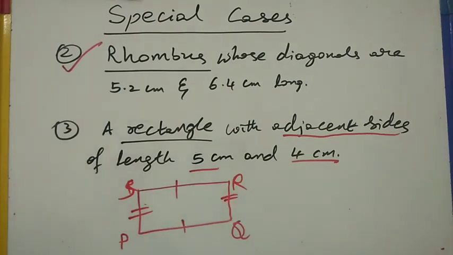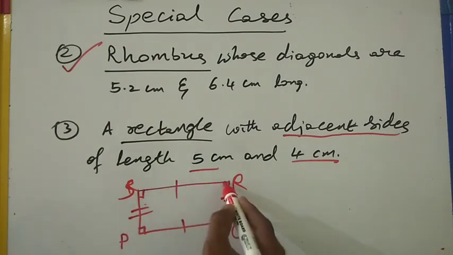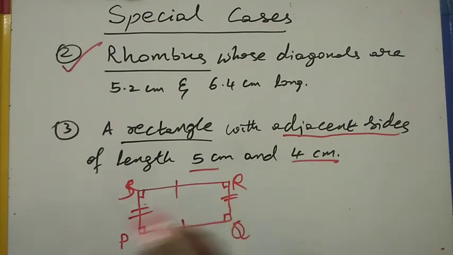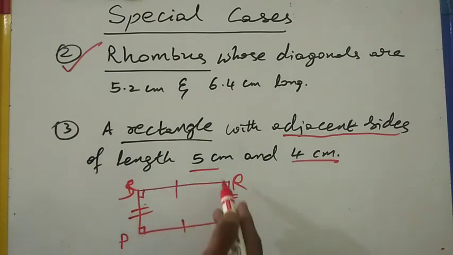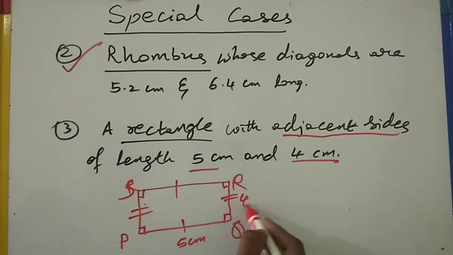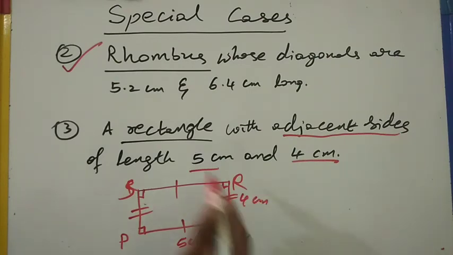This is the first property. Second property is each angle is a right angle. So, if I know only any two adjacent sides, like this has 5 centimeter and this has 4 centimeter, that means I know already 8 elements.